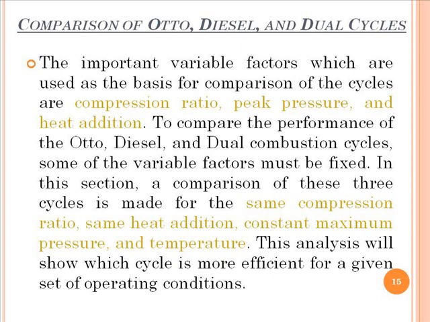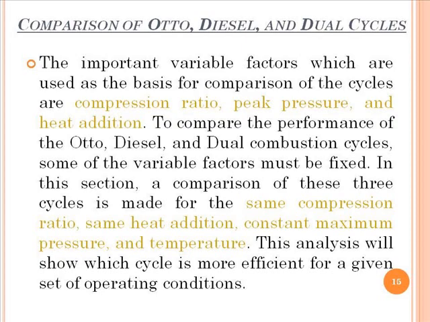The comparison of these three cycles is made for same compression ratio, same heat addition, and constant maximum pressure and temperature. And this analysis will tell us which cycle is more efficient compared to the other two for a given operating condition.